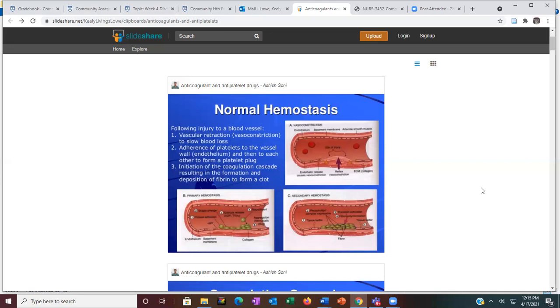We don't want to increase that risk of blood pooling in the lower extremities by them being sedentary. So they may be on a blood thinning medication. So a number of reasons why.